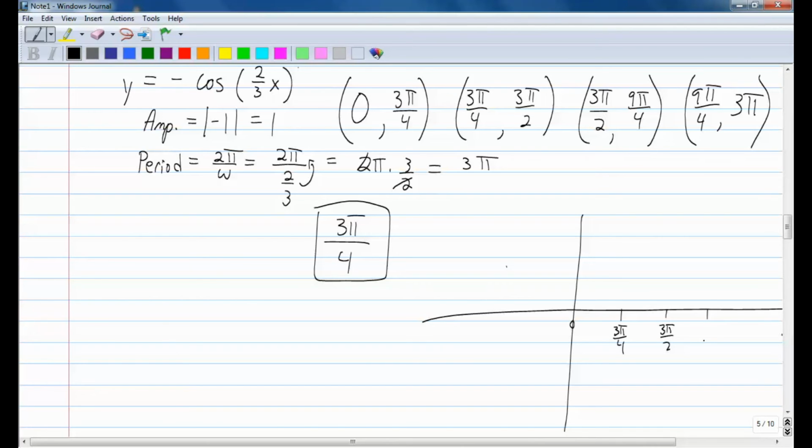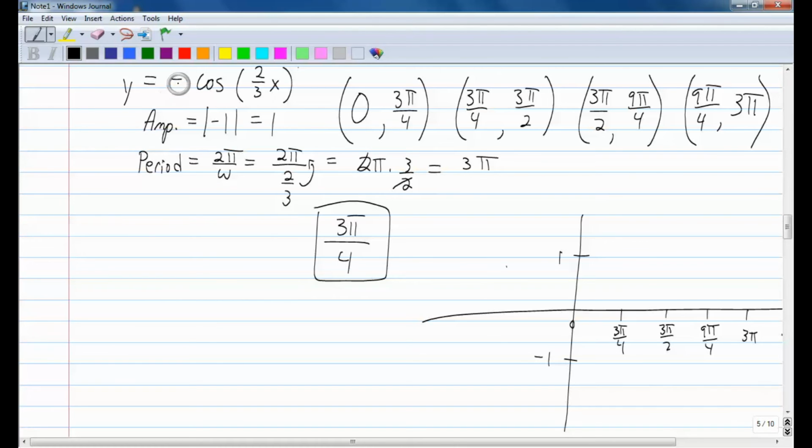The next is 9 pi over 4. And the last significant point in the graph that we're going to make is 3 pi. The amplitude was, I'm sorry, the amplitude was +1. So that means we're going to have a high point of 1 and a low point of -1.